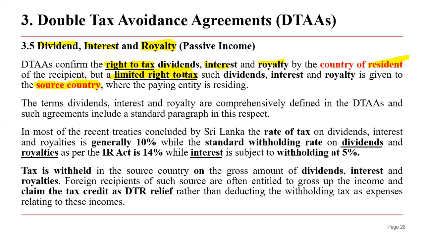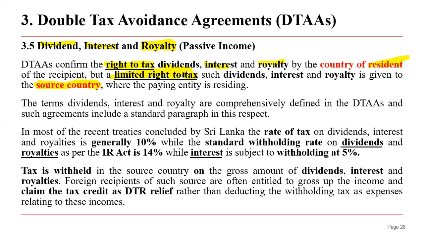Even that scenario you can apply. Let's say an Indian company is coming here and providing services. If it is services of technical nature, we need to deduct 10%. And we, as a source country, have a limited right because we can't go beyond that. We need to restrict it up to 10% only.